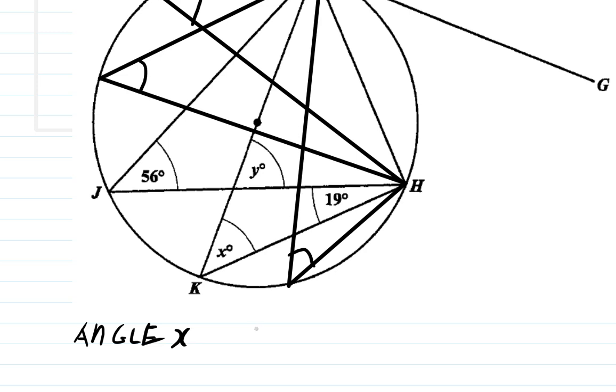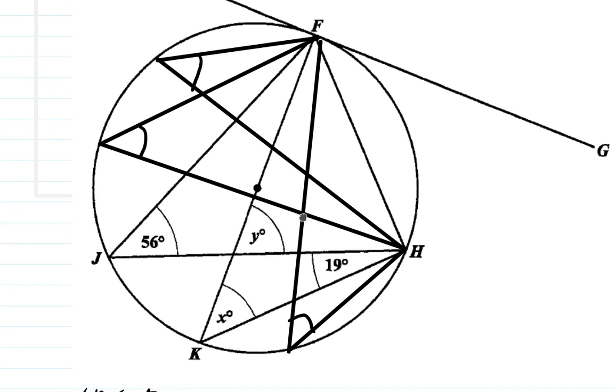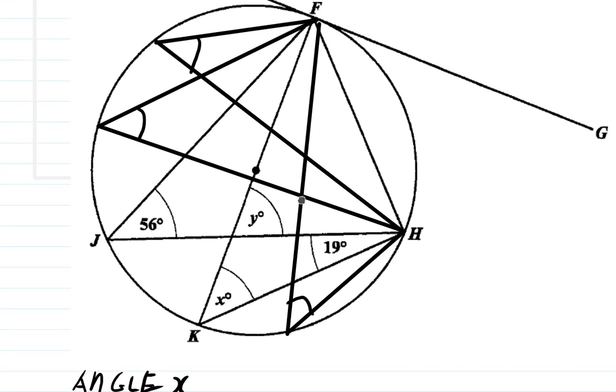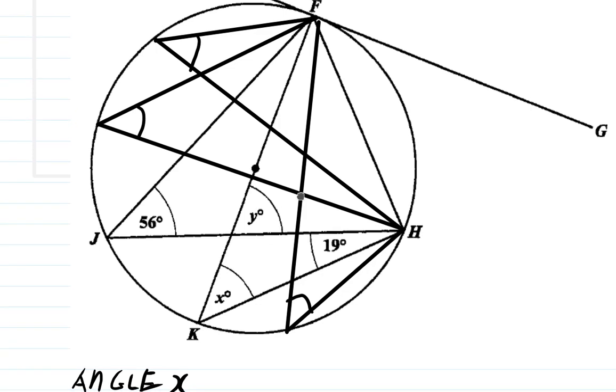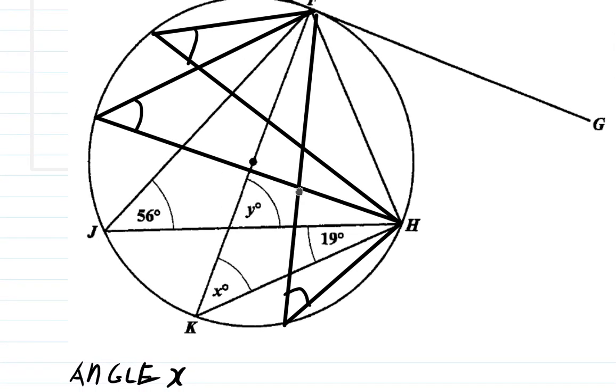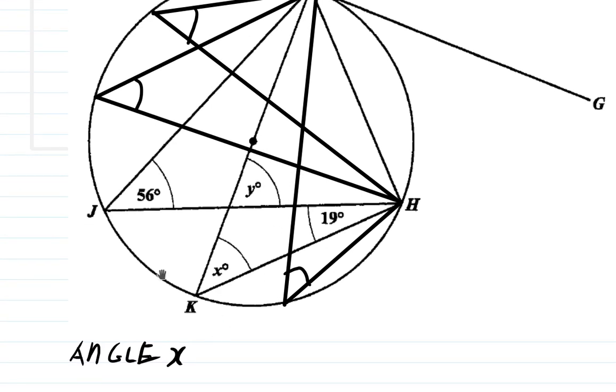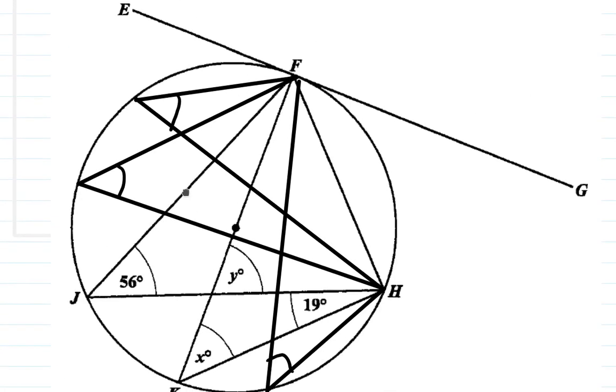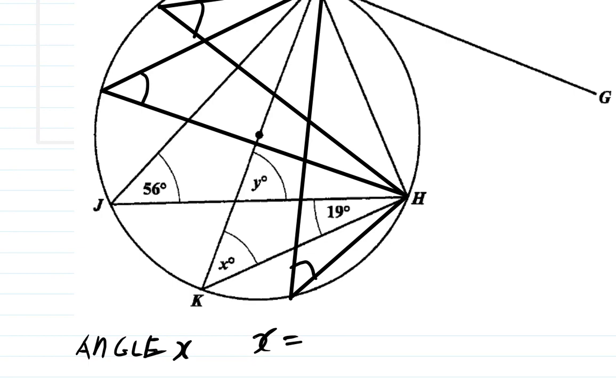So you would say angle x lies on the chord FH, and angle J also lies on the same chord in the same segment, and angles that lie on the same chord in the same segment must be equal. So therefore, angle x must be equal to angle FJH.